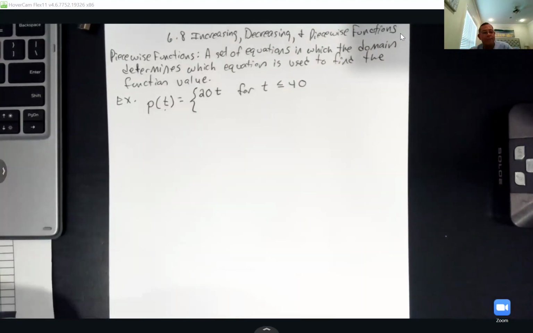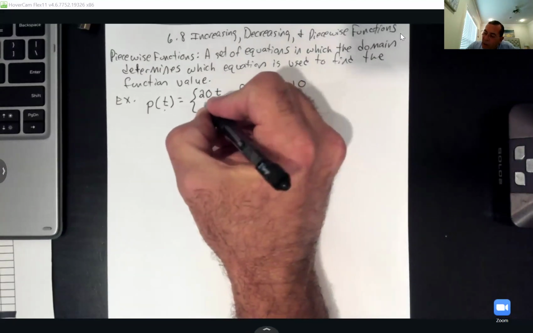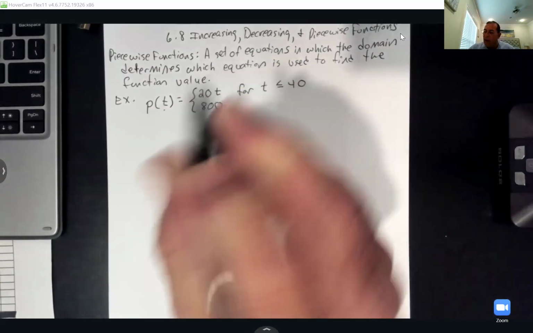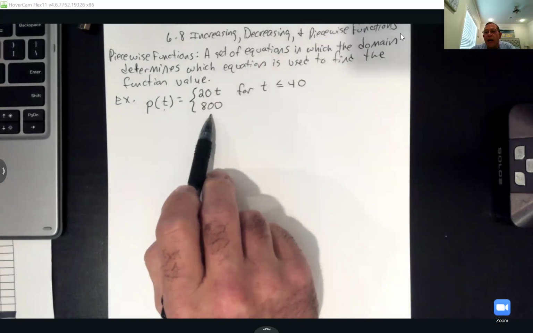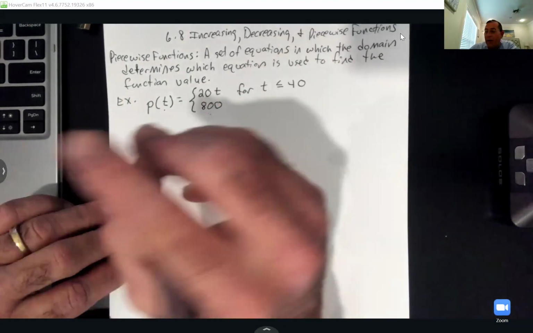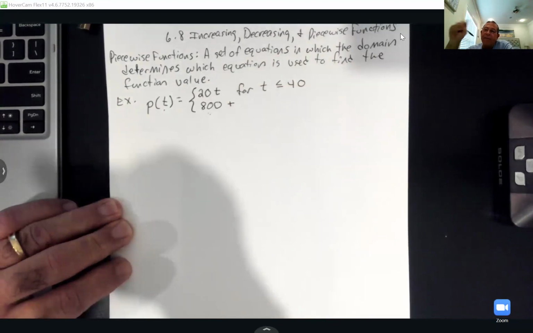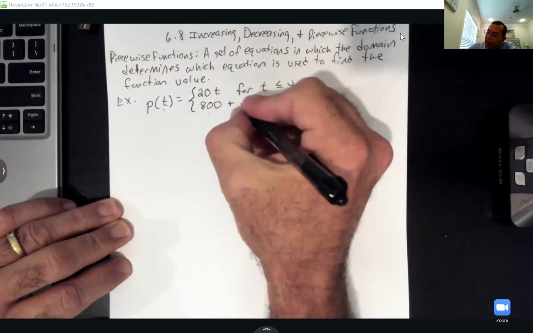Now, anything over 40, I would use this equation, 800, which would be $20 times 40 hours, going to give you $800. But to figure out the overtime, time and a half for 20 would be $30 an hour.